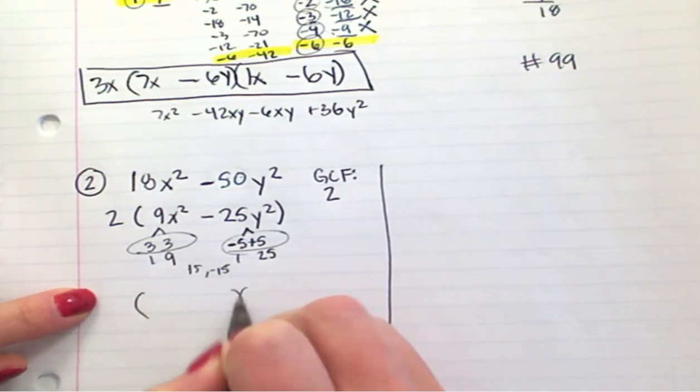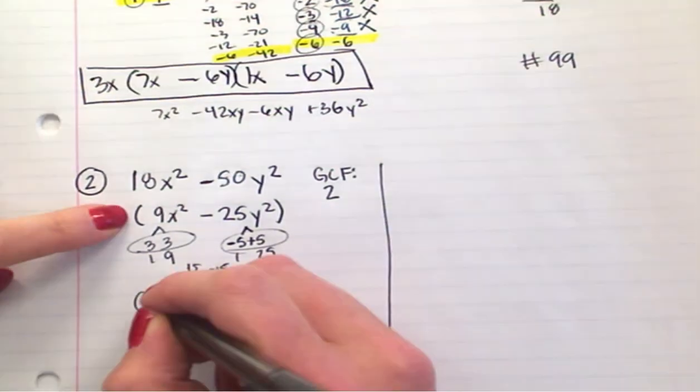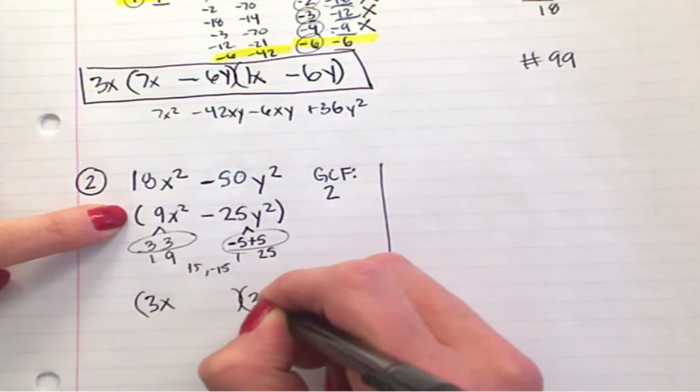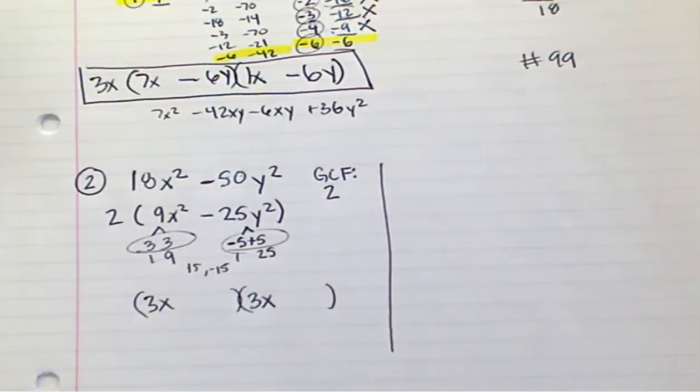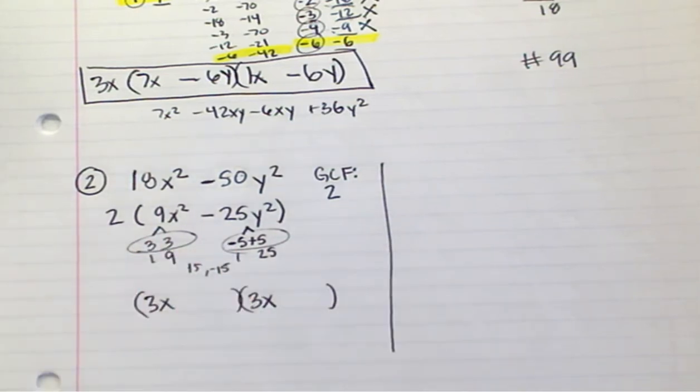So let's write down. Now it's still quadratic. Guys, quadratics still factor to 2 binomials. 3x and 3x. And the reason I'm picking the same numbers is because my middle term is 0.